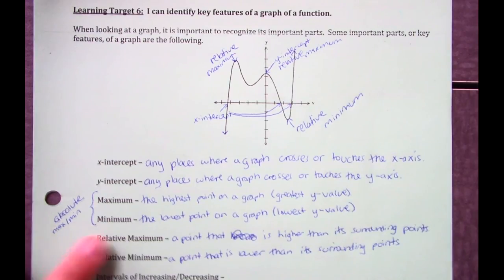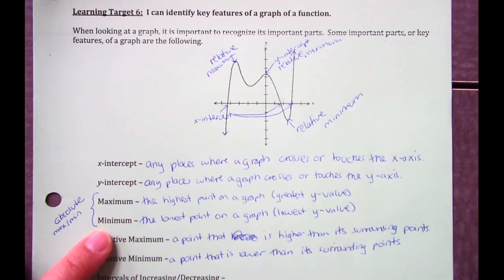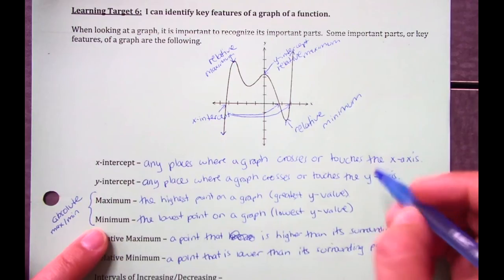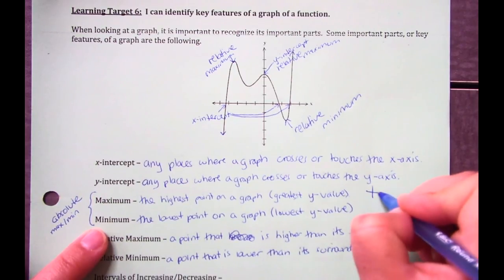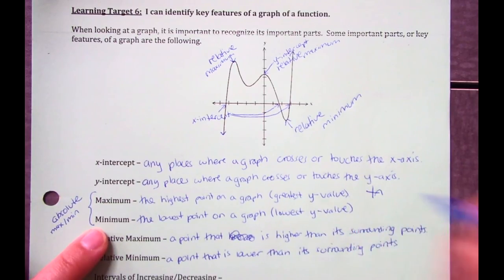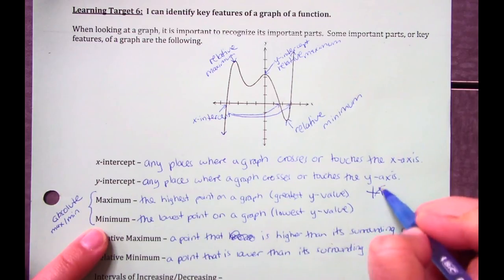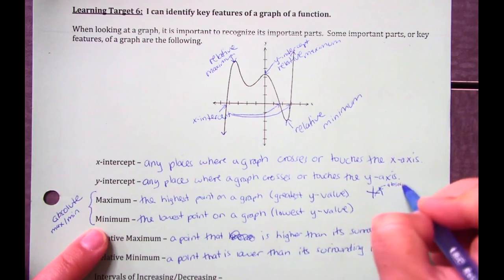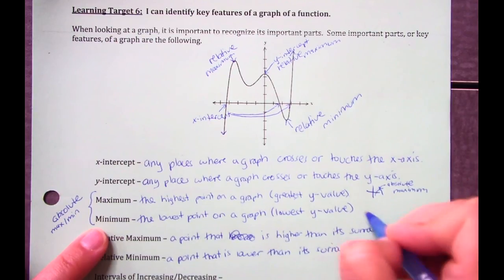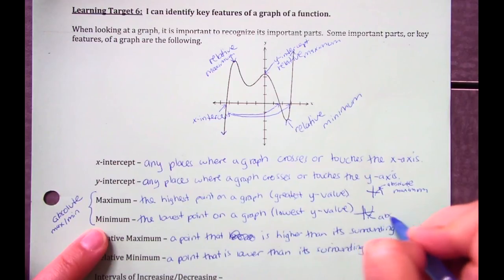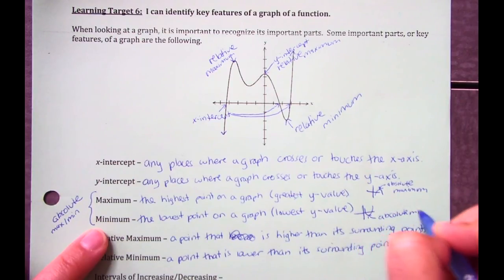Now the difference is up here, if you think about, well, a maximum and a minimum, an absolute one, that might look something like this. Like a quadratic function, that has an absolute maximum, or an absolute minimum.